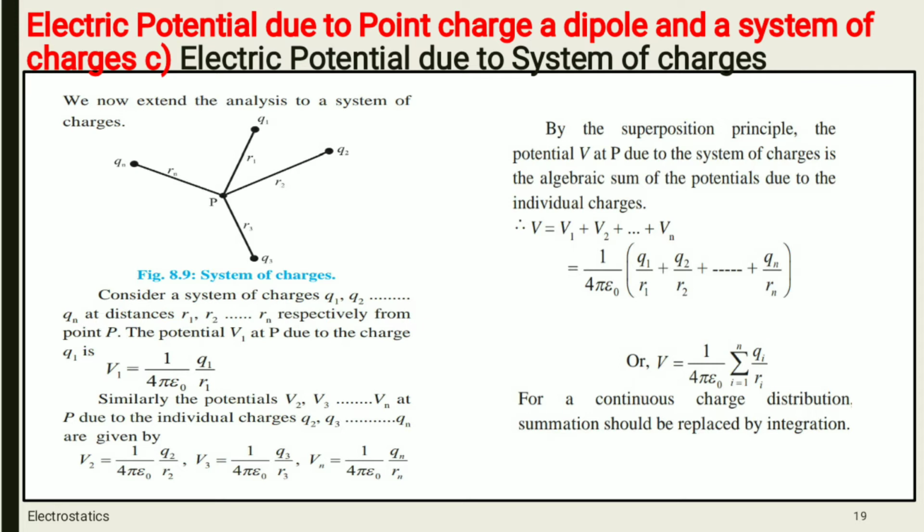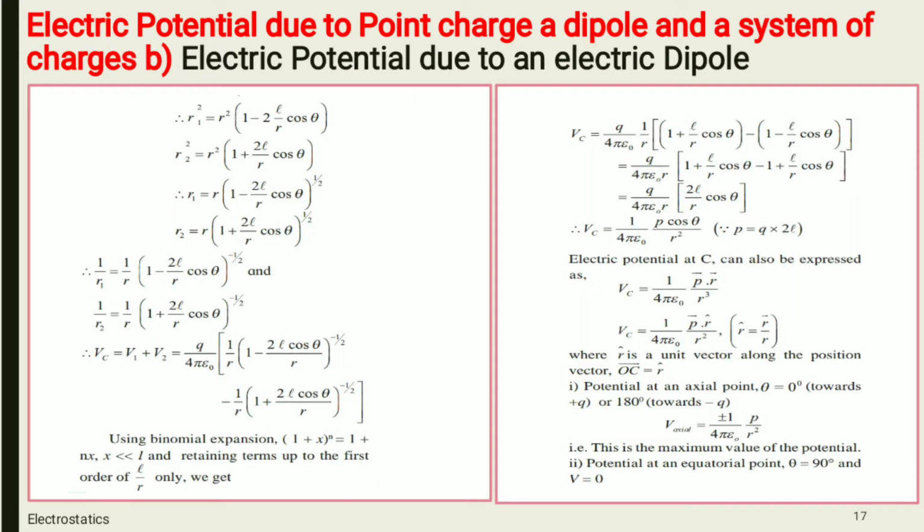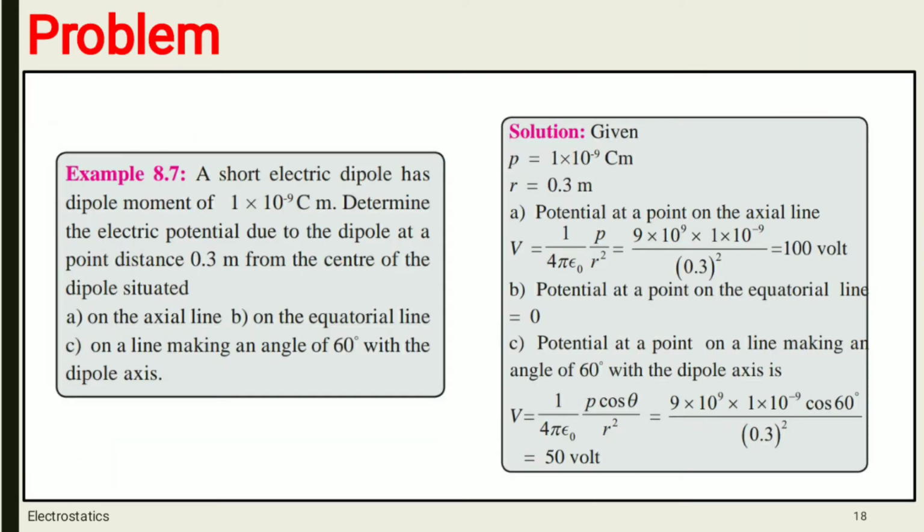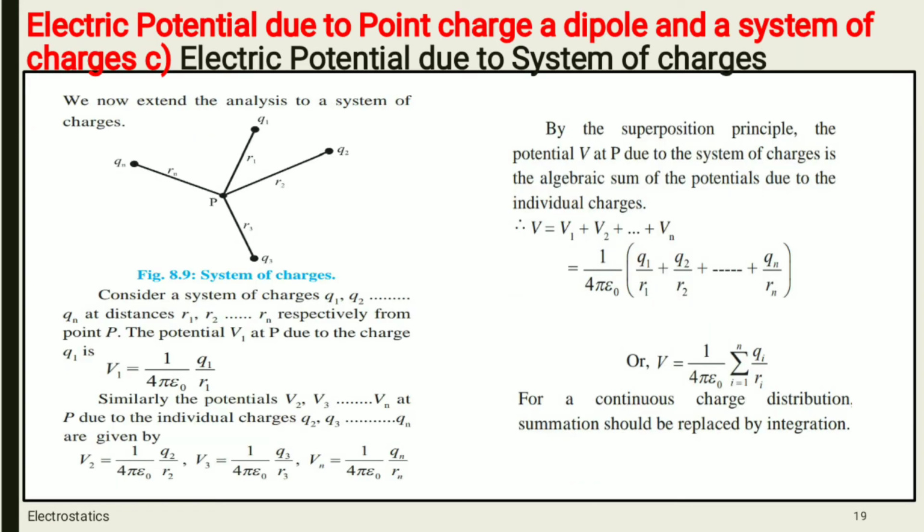Before that, you have studied electric potential due to point charge, a dipole and the system of charges, that is point B in your syllabus, that is electric potential due to an electric dipole, along with its one problem. Now we will start with point C from your syllabus.